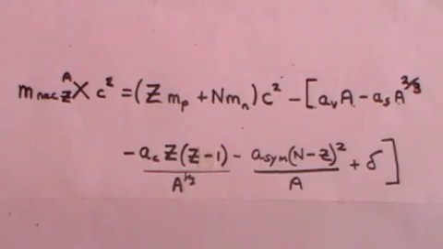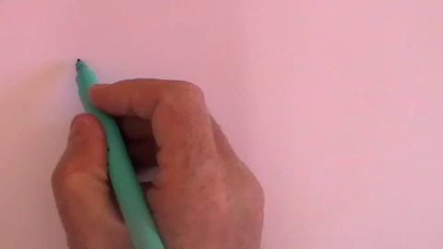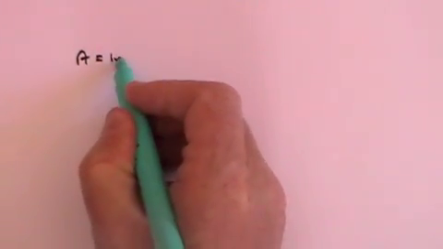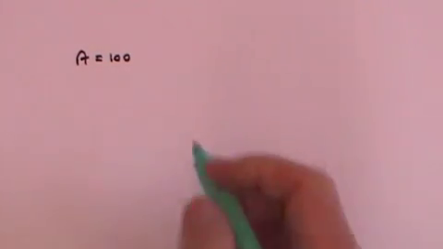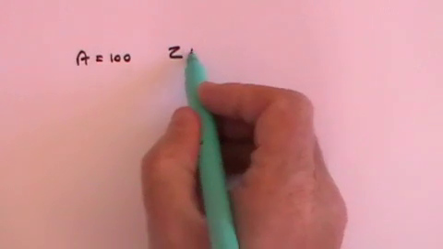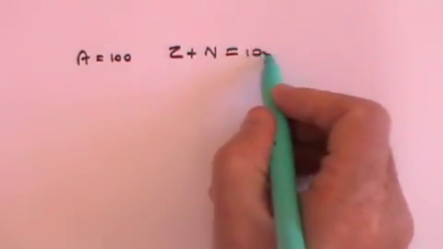In other words, for any given value of A, and I'll just remove the semi-empirical mass formula for a moment, we'll put it back. But let's say, for example, that we fix A equals 100. How many combinations of Z and N can we have? Well, Z plus N must equal 100.